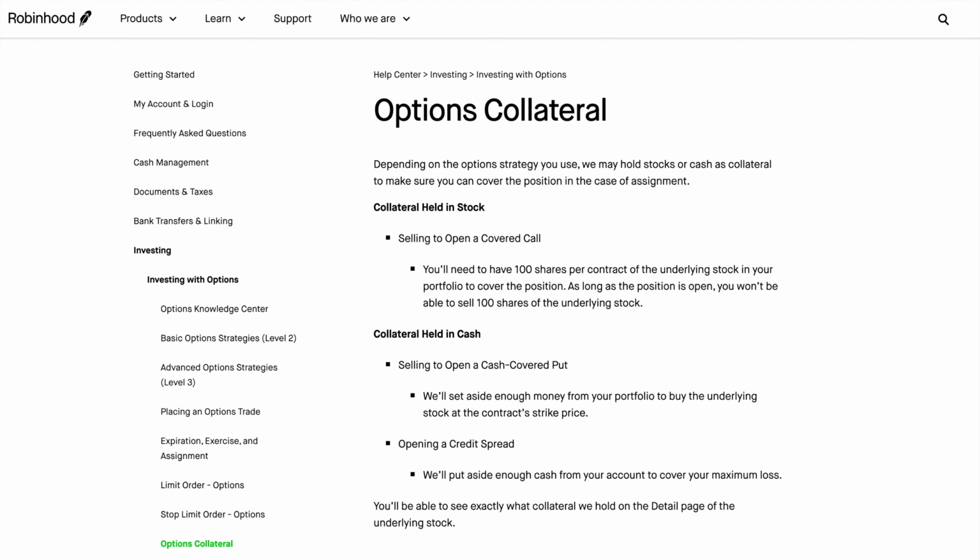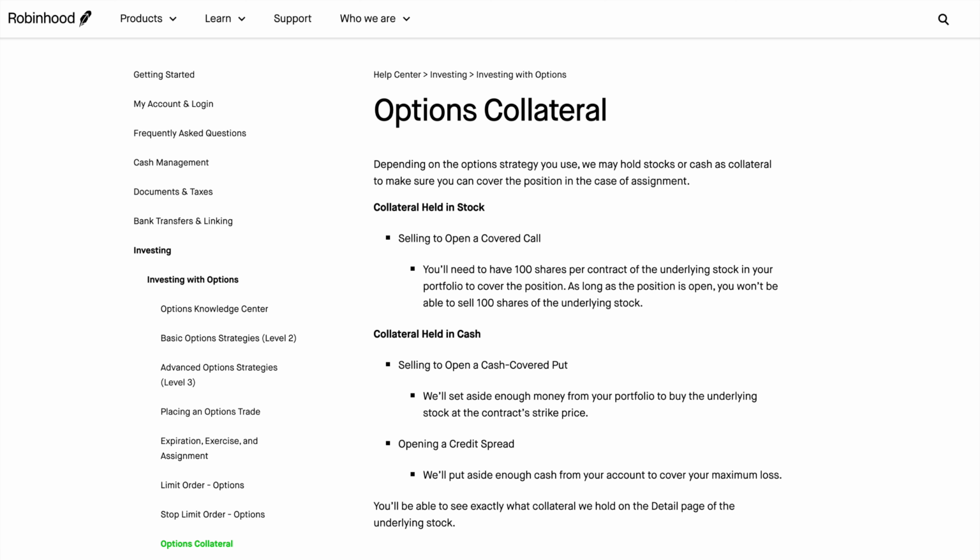Another thing to note about expiration is if you do exercise a stock or an option that's in the money, you need to make sure that you have the underlying collateral for that option, if you hold it till that point.